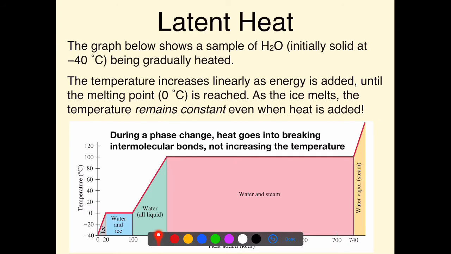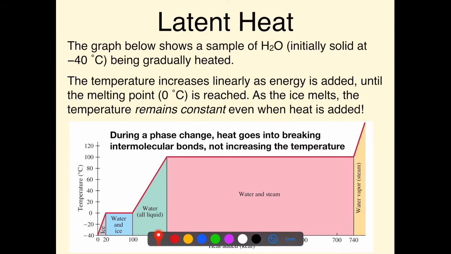Some of it has already boiled away. And that keeps happening until we reach this point right here, where all of the liquid water has boiled away and now it's all steam. Then after that, as we add more heat, you see the temperature of that steam is now increasing.